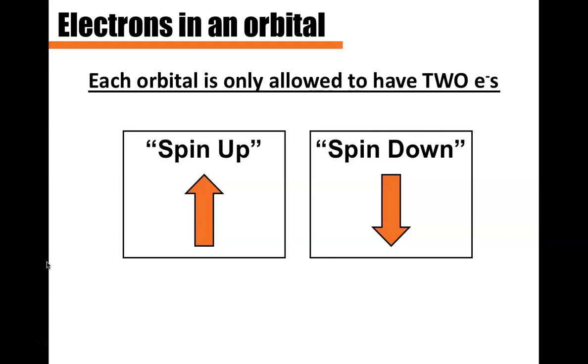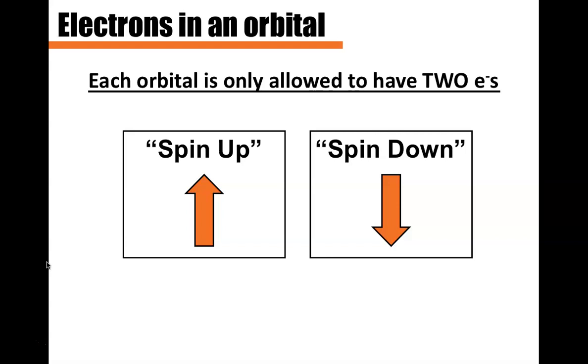So hopefully we can see each orbital, maximum 2 electrons per individual orbital. But if I know how many orbitals I have, and each of them has a maximum of 2, I can then determine the total number of electrons in a set of orbitals.